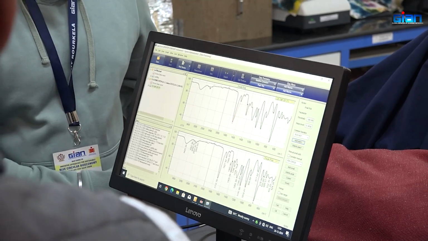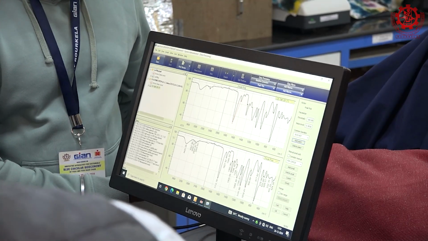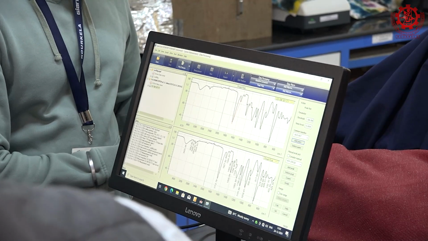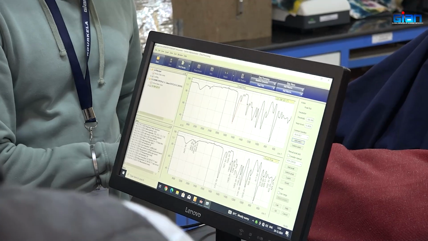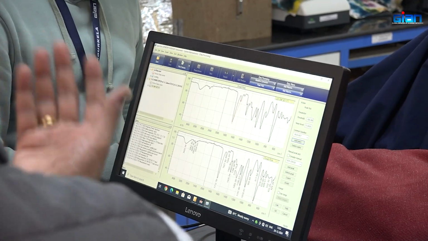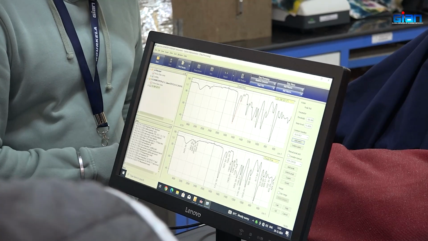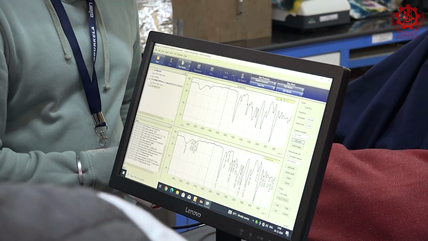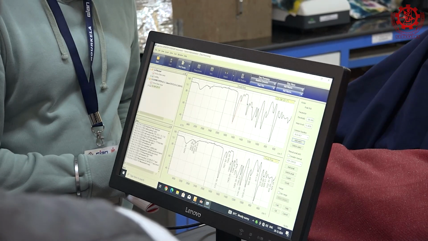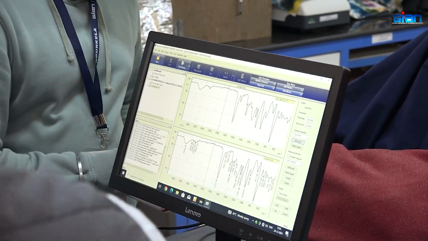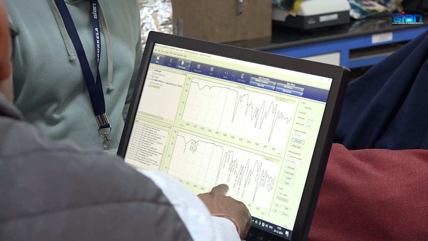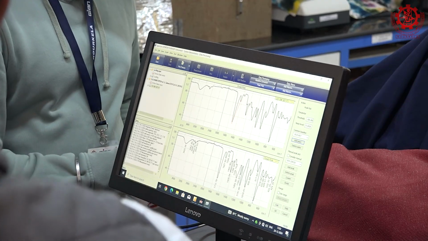Okay. Now coming to why it is called fingerprint. Where is a fingerprint used? In crimes, right? In crimes, expert people come and study the fingerprint. The idea is that no two humans have similar fingerprints, and that is exactly true here: no two molecules have the same spectrum in this region.